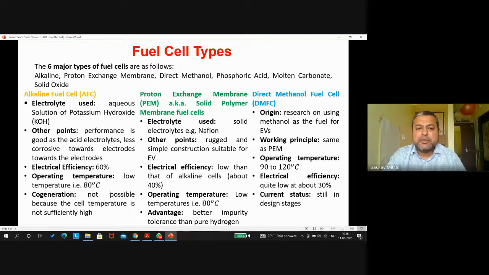I told you in the class also. It cost around 36,000 rupees for 1 square meter. So if it's a big fuel cell, you need quite a wide area of that membrane, and it's highly costly. So whenever you are using it for a vehicle, maybe we have to change the membrane frequently.